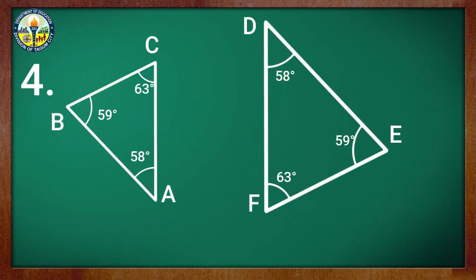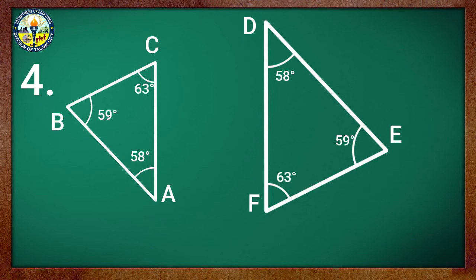Number 4. In the given figure, we have the first triangle, triangle ABC, which has angle A that measures 58 degrees, angle B which is 59 degrees, and angle C 63 degrees. We have the second triangle, triangle DEF, with angle D that is equal to 58 degrees, angle E equals 59 degrees, and angle F 63 degrees.